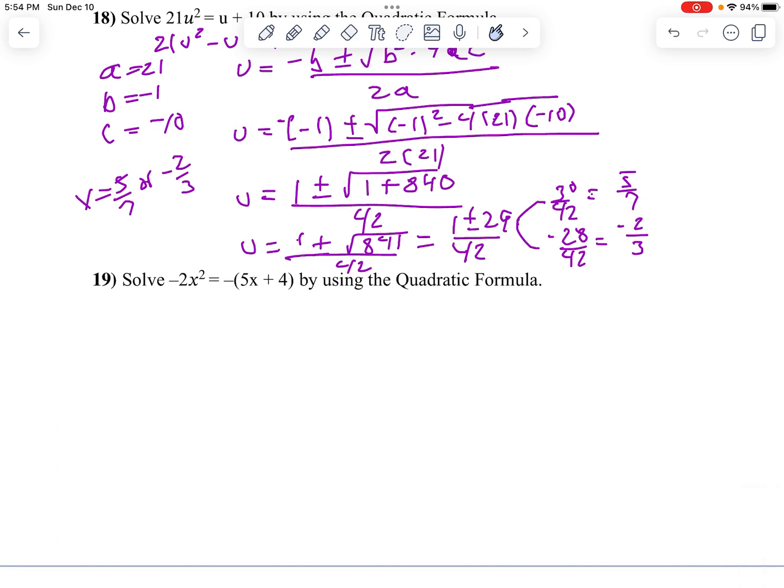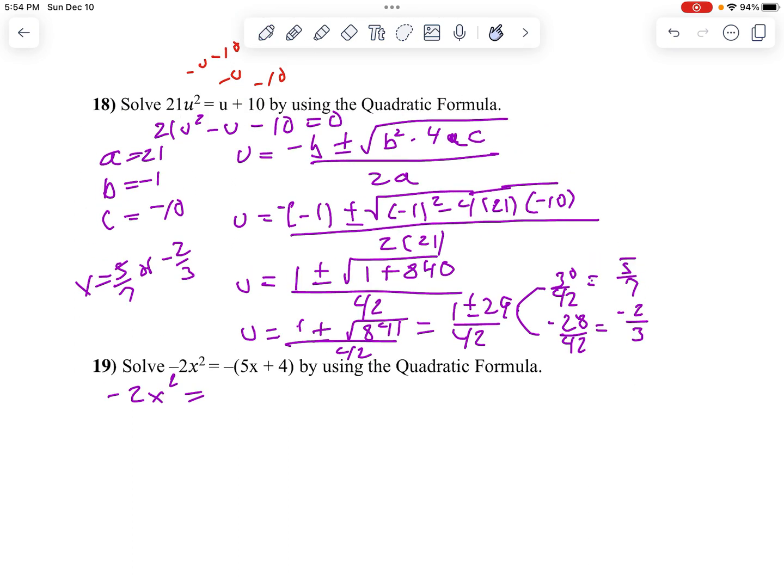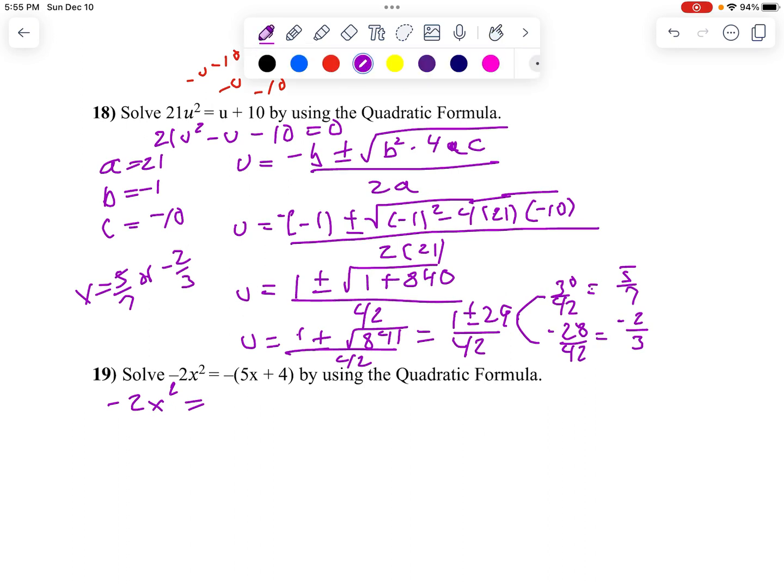Okay, number 19. Before we simplify, let's distribute that negative. So I get negative 2x squared equals 5x minus 4. Now I want to move these over, so I'm going to subtract 5x from both sides.